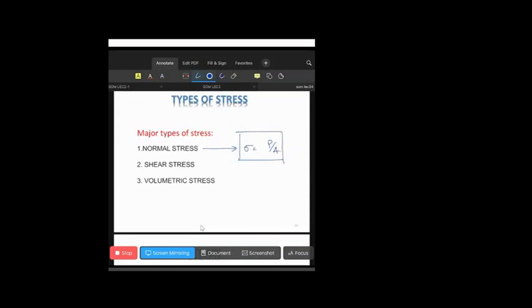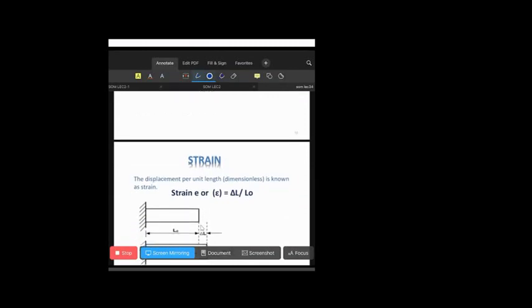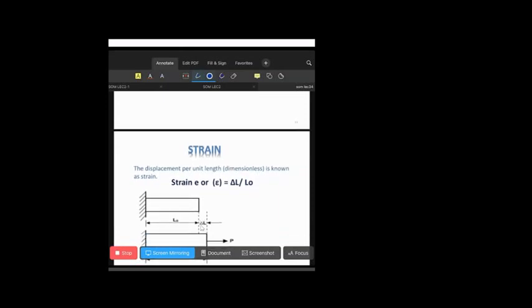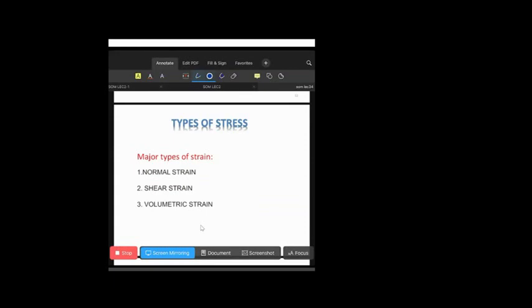I think in the last lecture as well, we tried to talk about our stress strain curve diagram as well. We tried to talk about on which axis there will be a stress, on which axis there will be a strain. So all these things are already completed. We already talked about what is strain, normal strain. This will be your normal strain. So normal strain will be given by epsilon or small e, and it will be nothing but change in length upon original length.